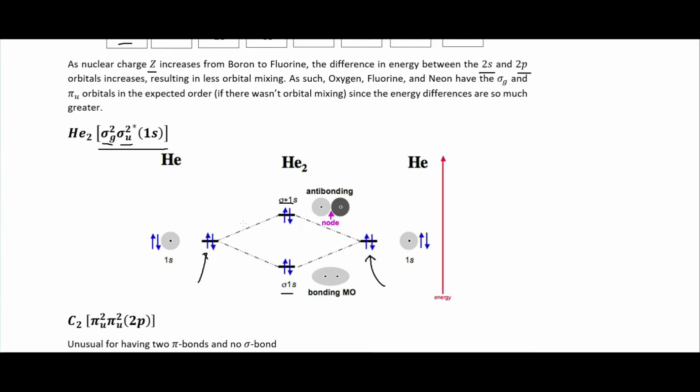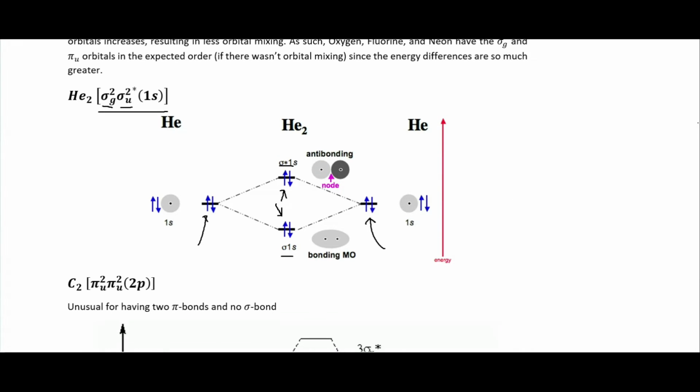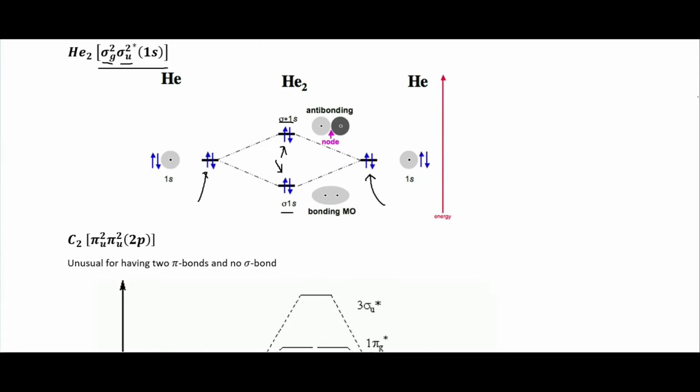And we see that this antibonding here will cancel out the bonding down there, and so the helium will not bond to itself, and so that's why it's only ever really found as an atom. Except in very particular experimental situations, you can form helium molecules, but we won't be getting into that here.